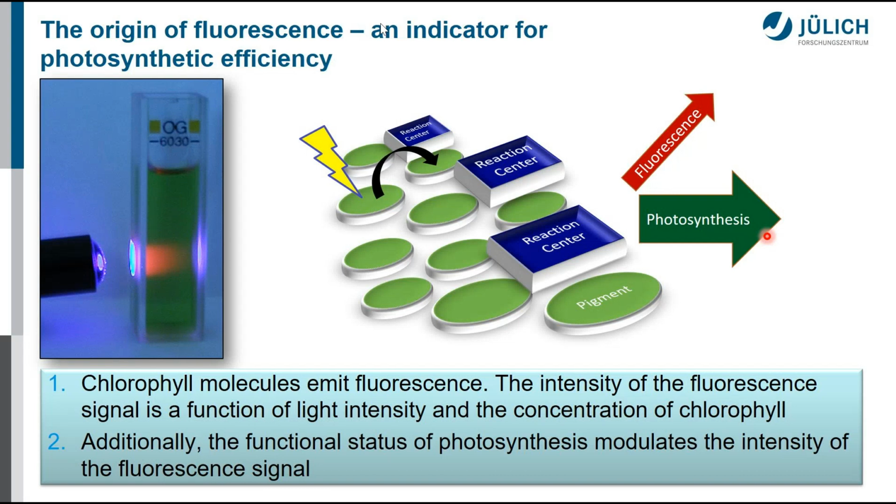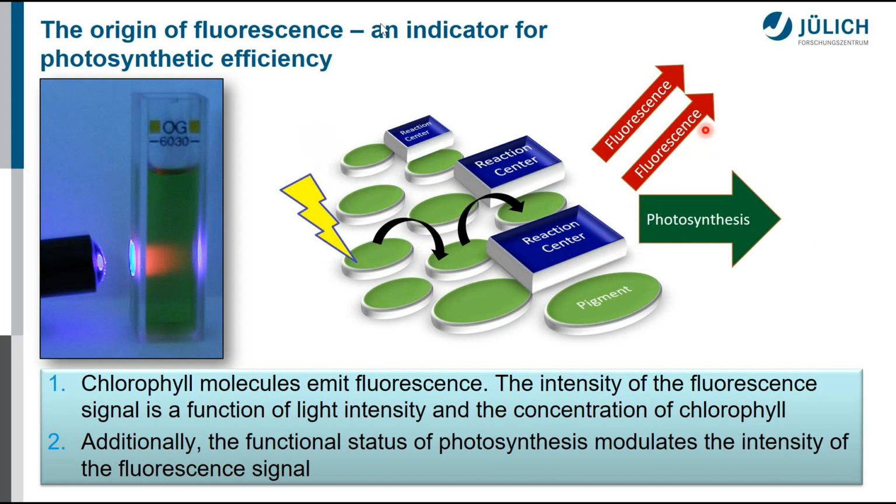It has a maximum efficiency of up to 83%, but some part of this energy which cannot be used in photosynthesis is re-emitted as fluorescence light. And as this is re-emitted light, the fluorescence changes depending on the energization status of the reaction centers in the photosynthetic machinery.